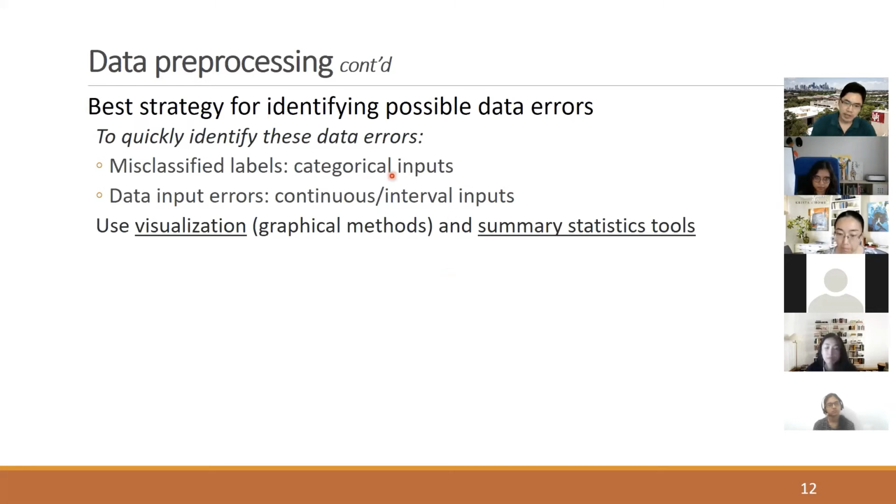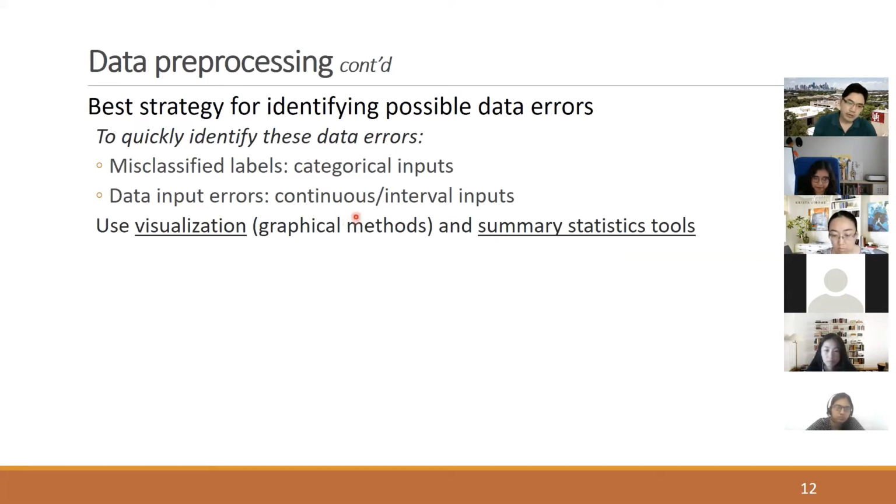And for that, we didn't even have to use a bar chart. We can use summary statistics tools to quickly identify those rare categories. You can look at those categories that have only one or two cases. Those are user input errors, and you can quickly single them out and correct them.